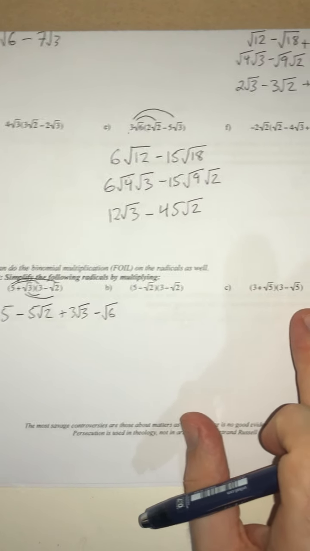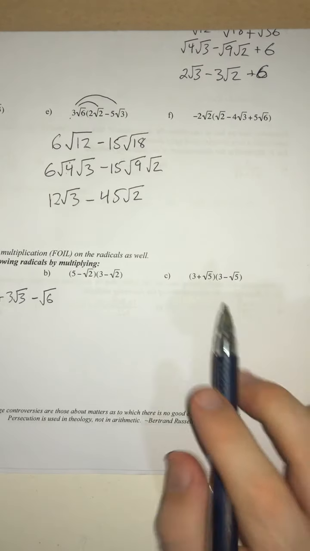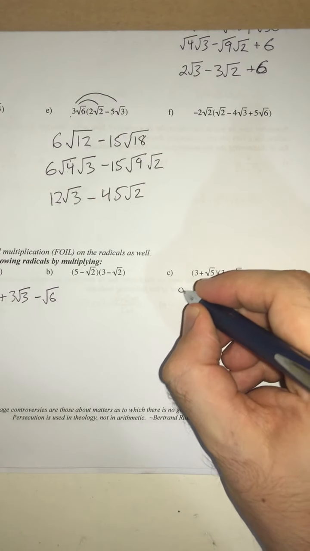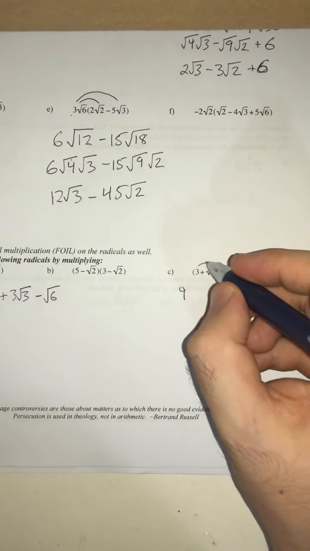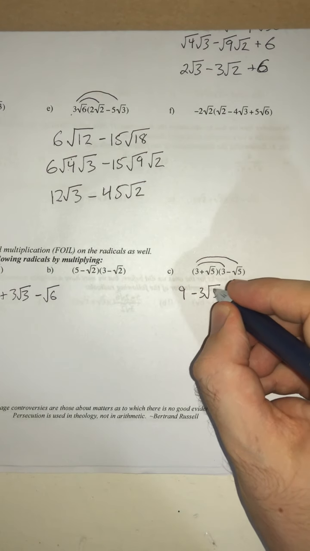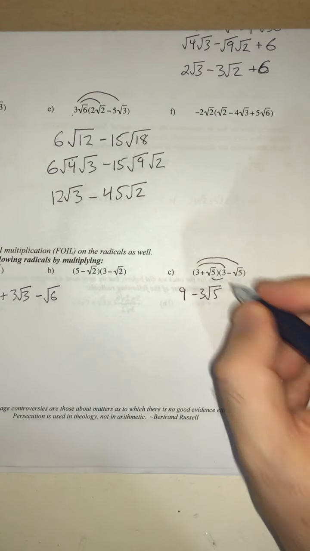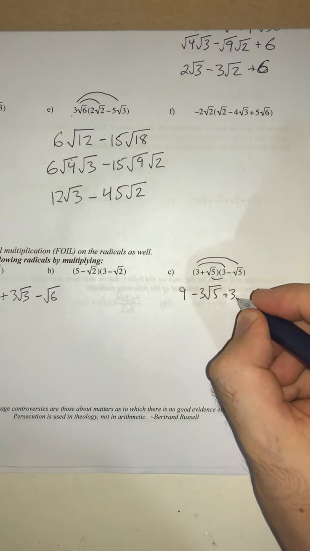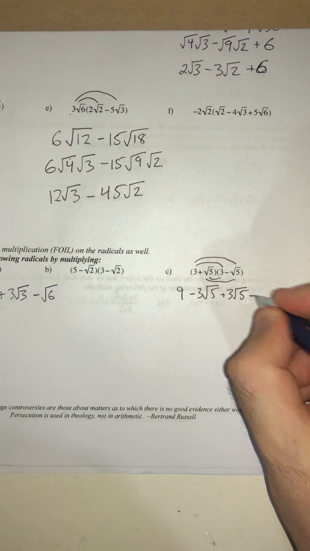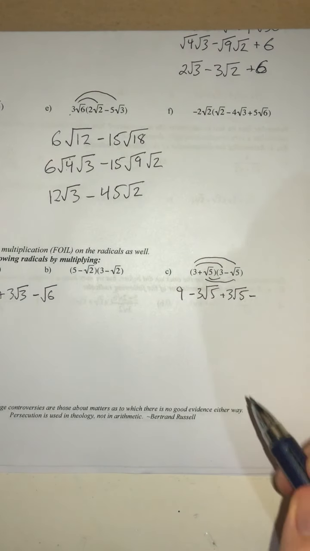Let's try this last one here. So first, going to get 9, 3 times 3. Outsides, we'll get minus 3 root 5. Going to do the insides, plus 3 root 5. Multiply the last, we get minus root 5 squared.